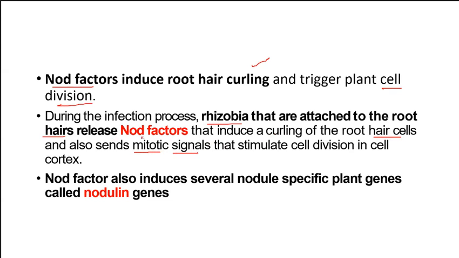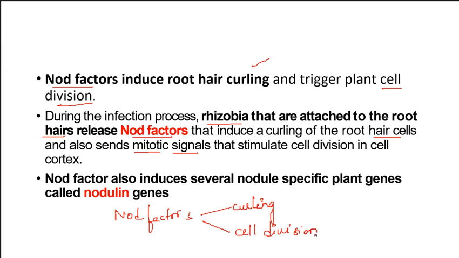So what is the role of NOD factors? They help in curling of the root hairs, and they also send mitotic signals which help in cell division of the cell cortex.